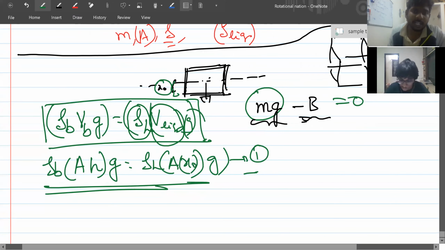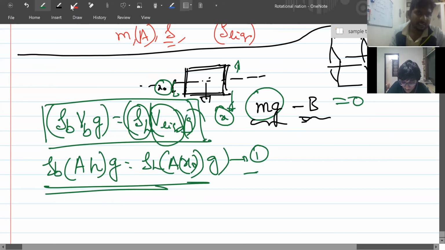Now what will happen? You will try to displace from the equilibrium position. You will try to push it down or upwards by x extra distance. Now what will happen if you displace it down? More volume is displaced, right? More volume of liquid, because the more volume you immerse, the more liquid will be displaced.